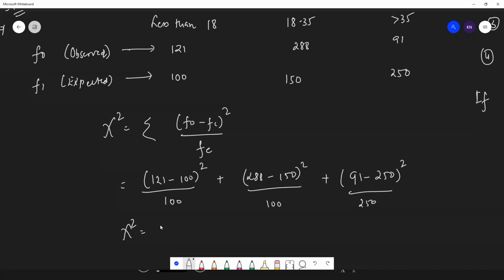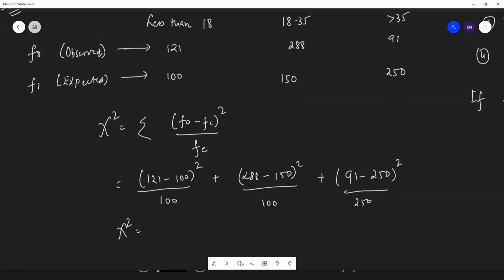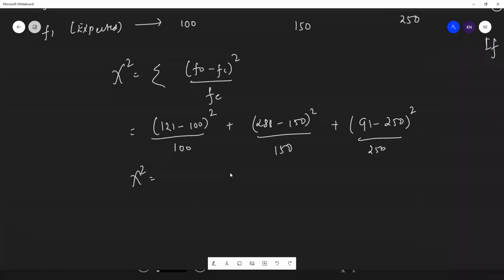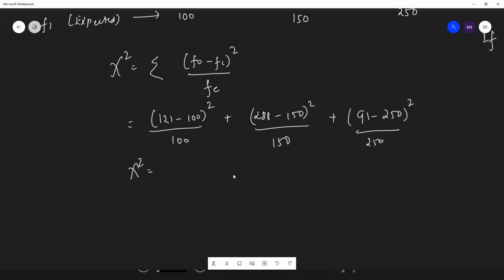And this will be chi-square calculated. How much will it be? Oh, sorry, this denominator will be 150. Tell me, guys, calculate. Are you getting 232.94?